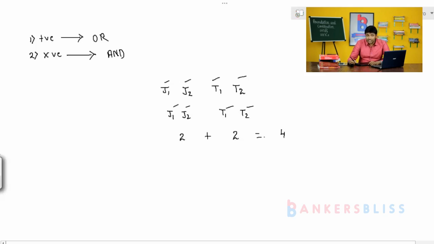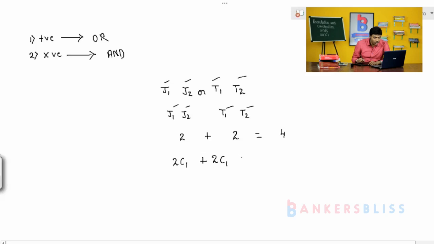Because of this reason, you have to add when you get the OR condition. J1, J2 or T1, T2: 2 plus 2 is equal to 4. Among 2 jeans you select one, or among 2 t-shirts you select one. So 2C1 plus 2C1.